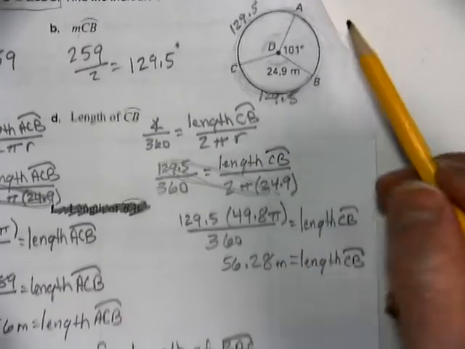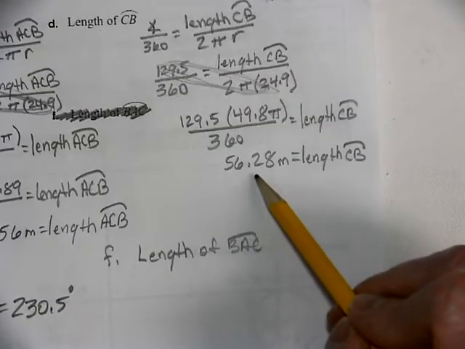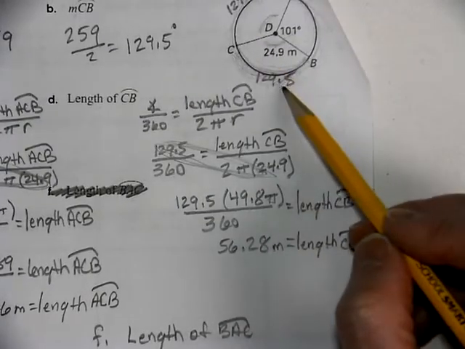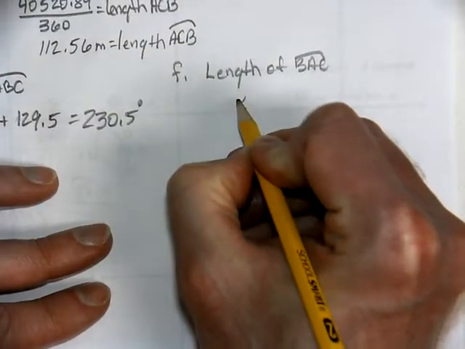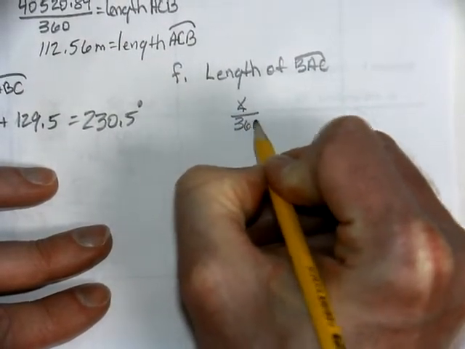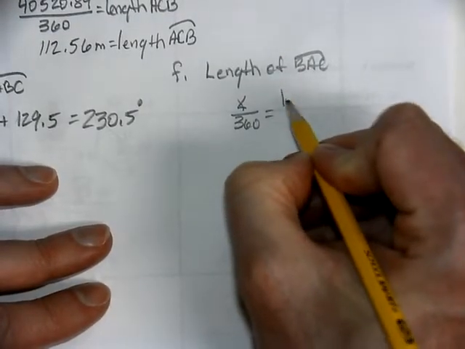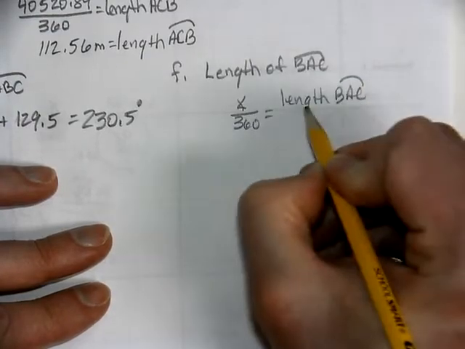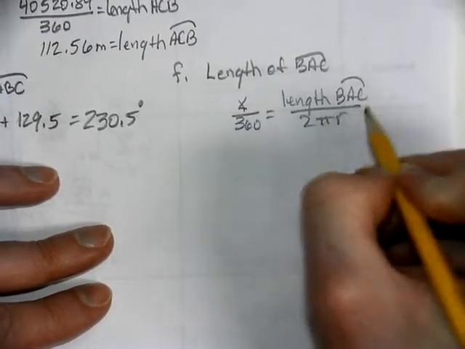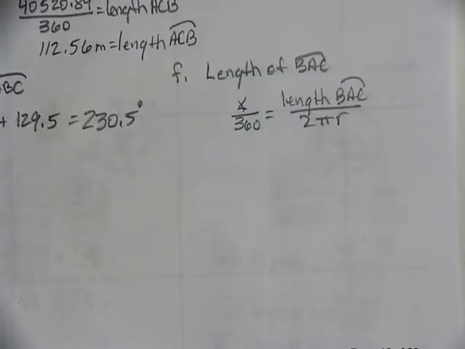So it's the total circumference, not including our 56. That's the shortcut way to do this one. But even if we didn't realize that, and we did angle over 360 equals the length of BAC over 2 pi r, that would be just fine.